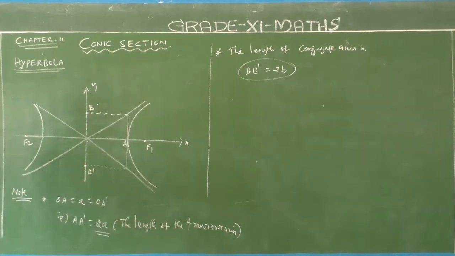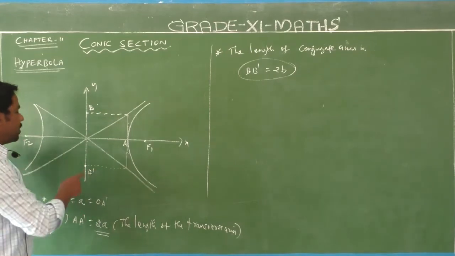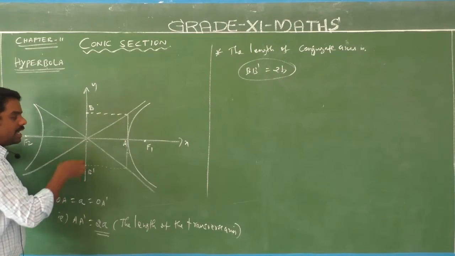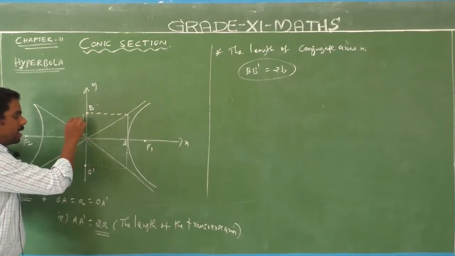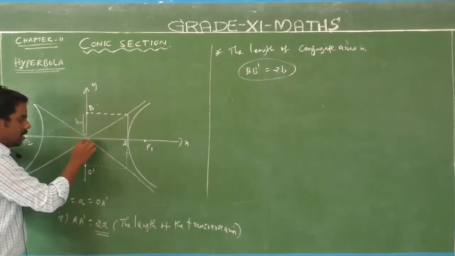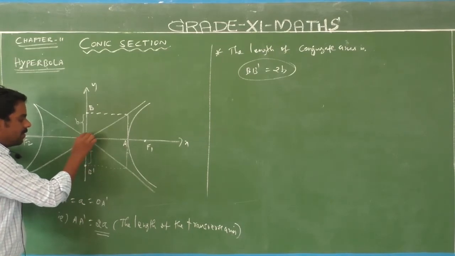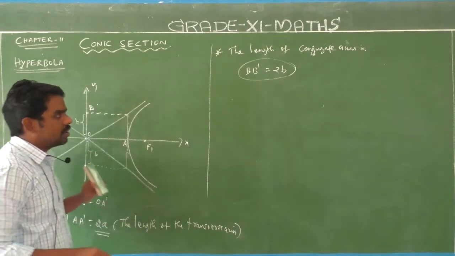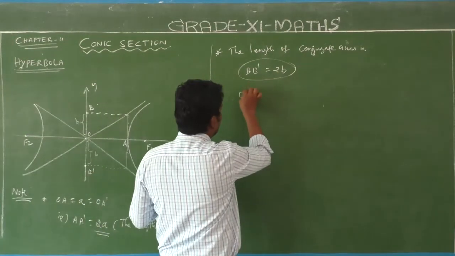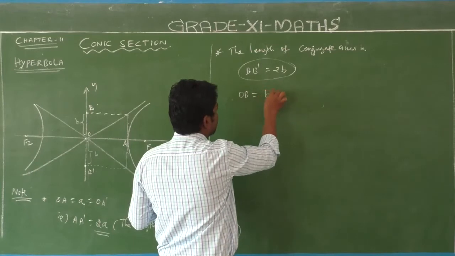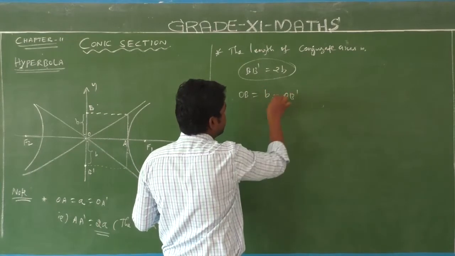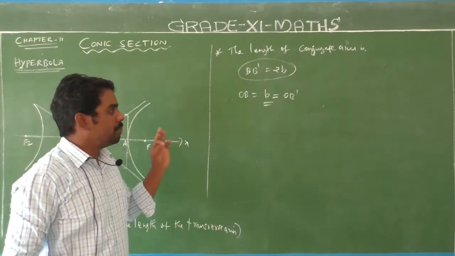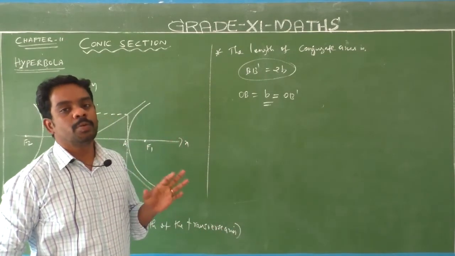So the length of the conjugate axis is BB dash. The distance from O to B is b and from O to B dash is also b. So OB is equal to b, small b, and OB dash is also small b. So the length of the conjugate axis BB dash is equal to 2b.